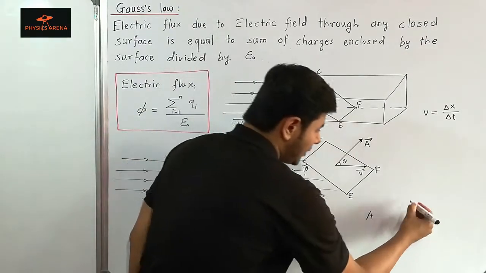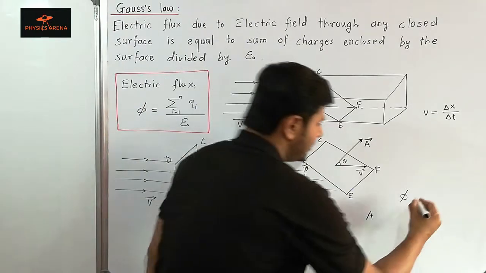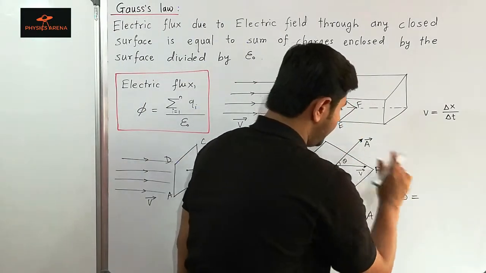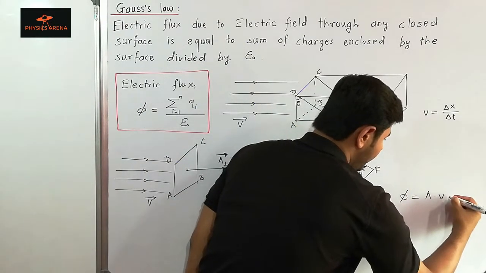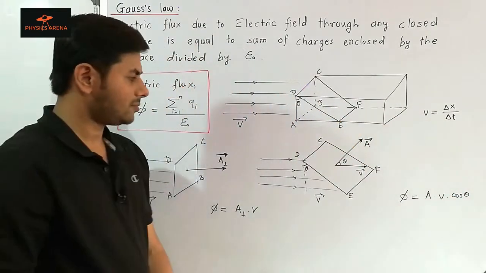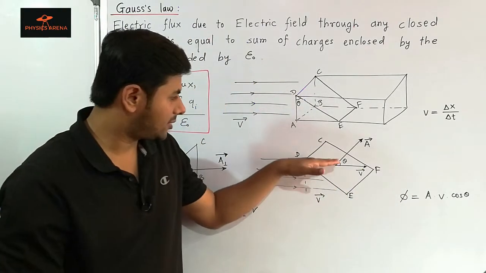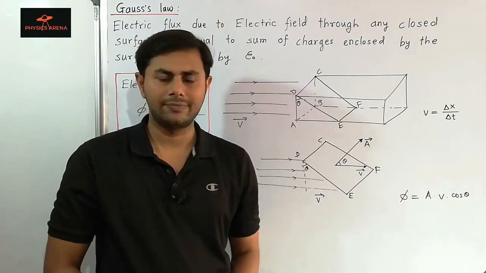Now we had calculated the flux through this surface as the magnitude of this area A into V multiplied by cos of theta. So this is the flux through CDEF, this inclined area.